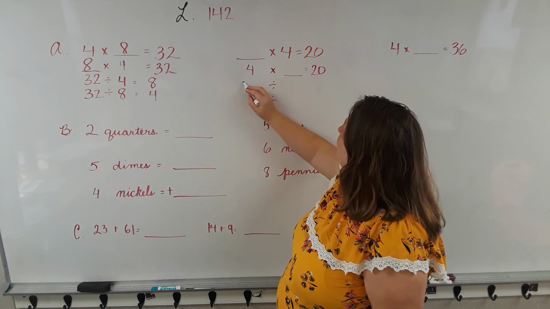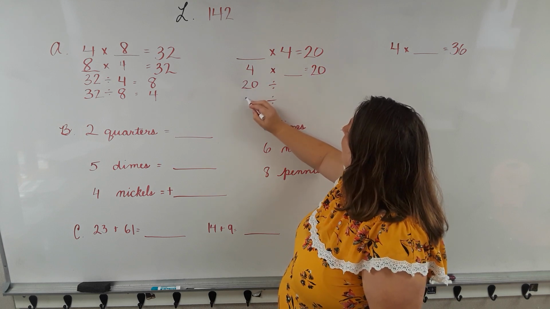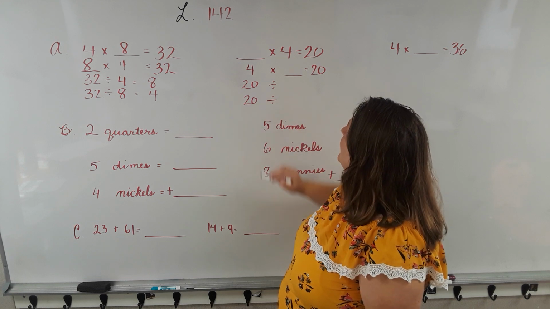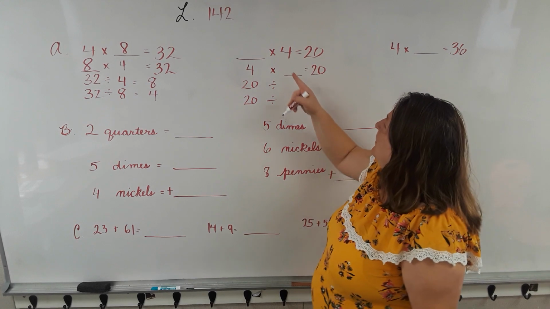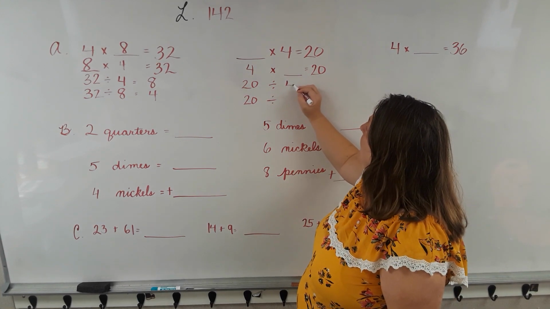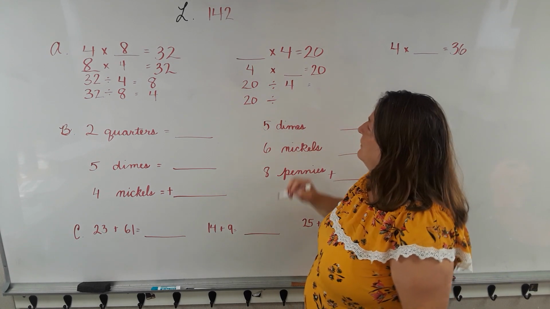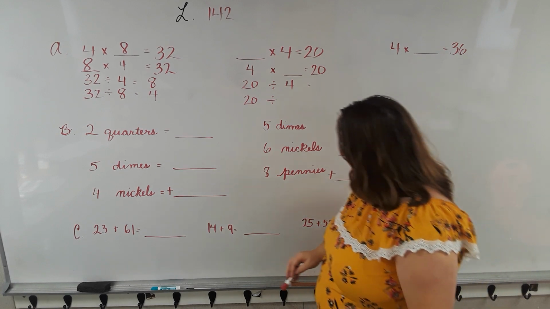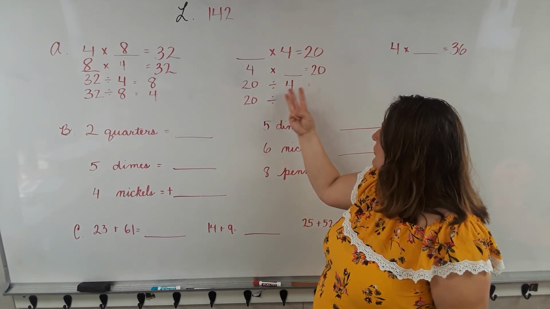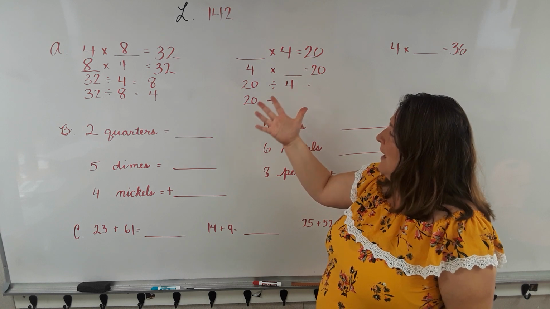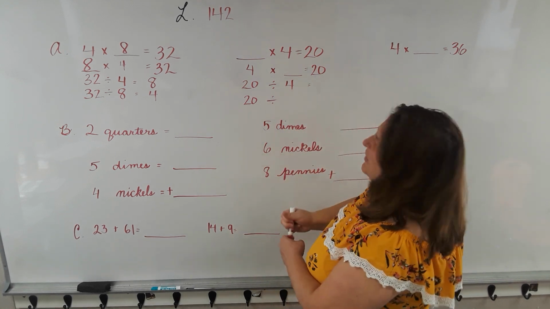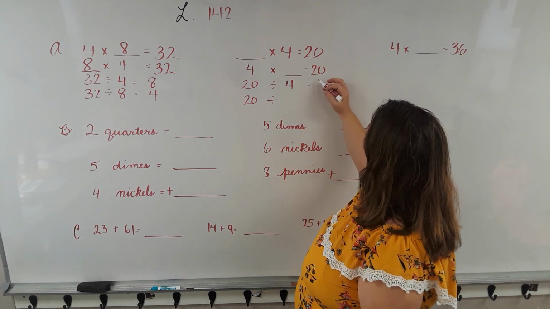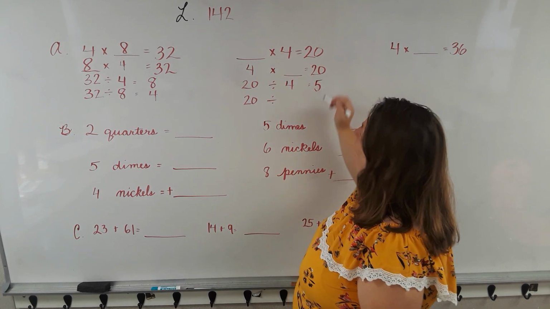Then we begin with 20 because 20 is the larger number when we divide. 20 divided by 4, and then we find the answer. We can count by 4s. 4, 8, 12, 16, 20. How many groups of 4 is that? 5 groups of 4. See how much easier it is because we know how to count by 4s rather quickly. We don't have to struggle.